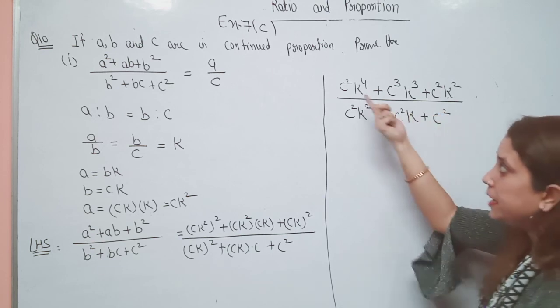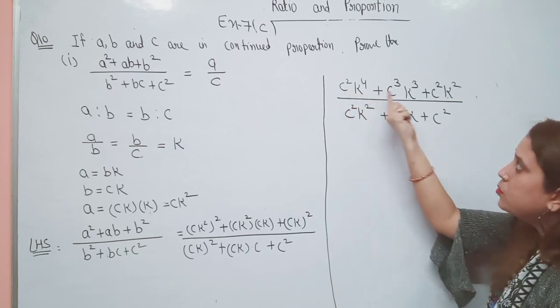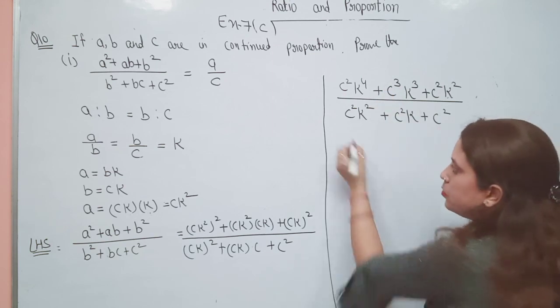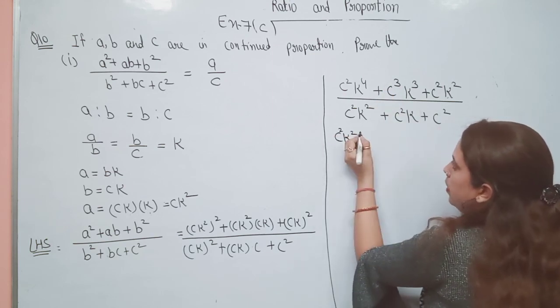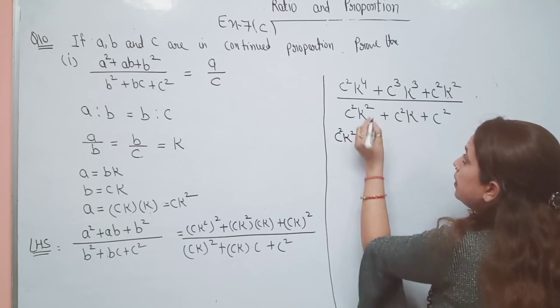Now after that we will take common. What is the common in the numerator? C square K square. We take common C square K square. What will be left in the bracket?